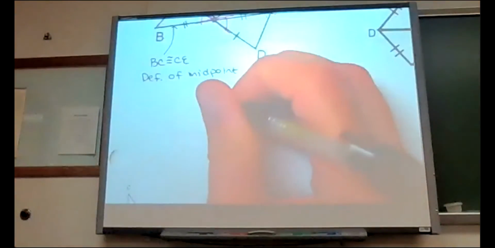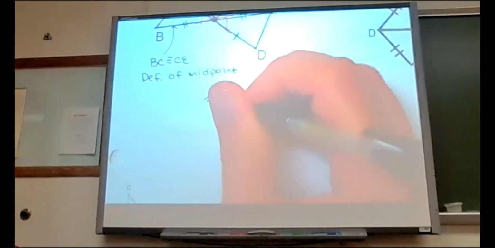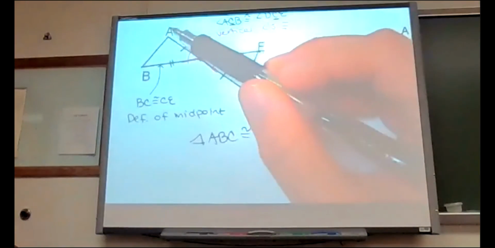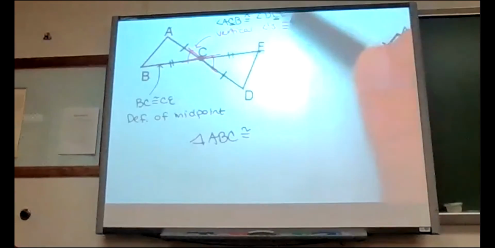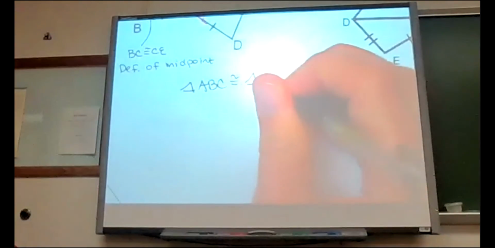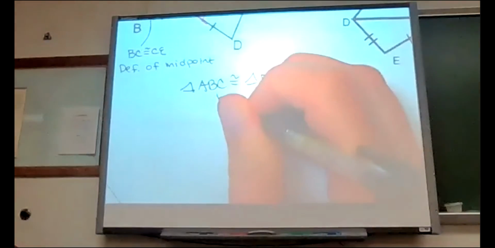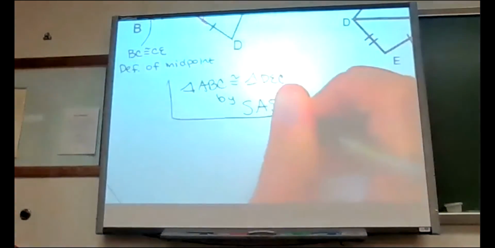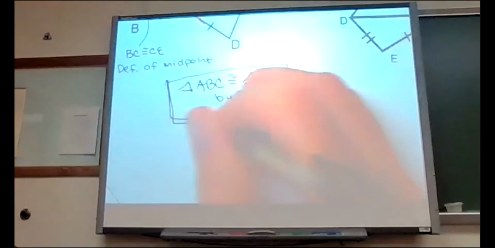And order matters here. So if I go A, B, C, that has to go to D, E, C. I have to go in the correct order. By side, angle, side, my triangles are congruent.